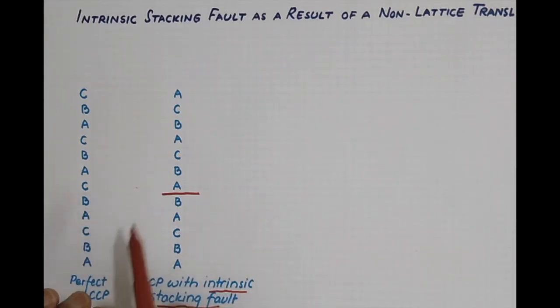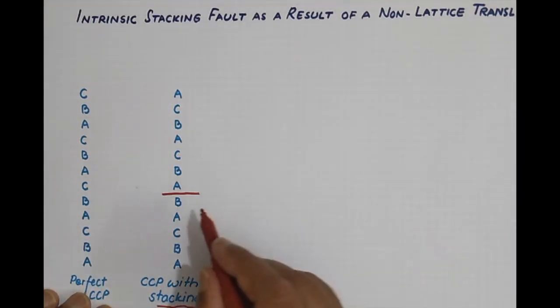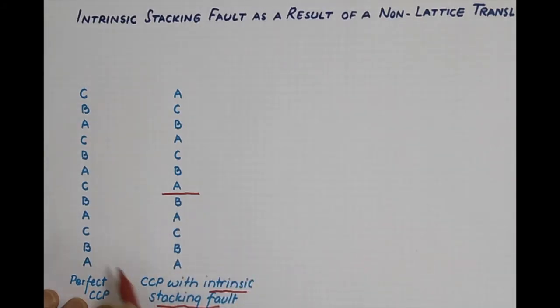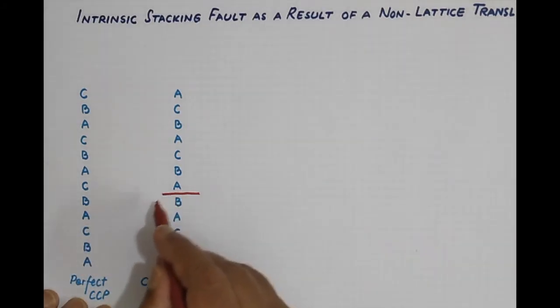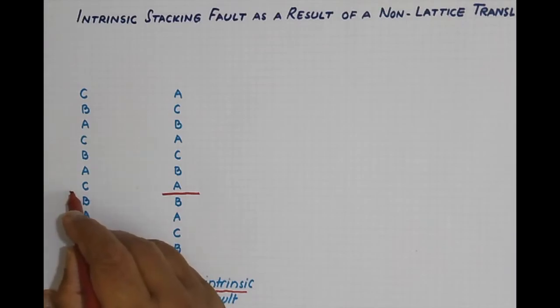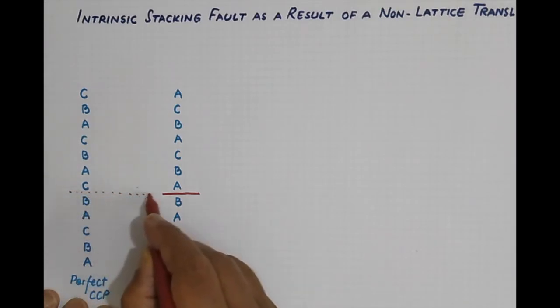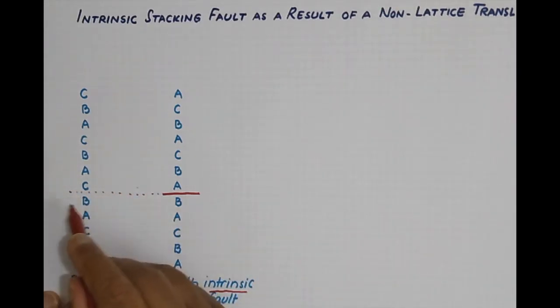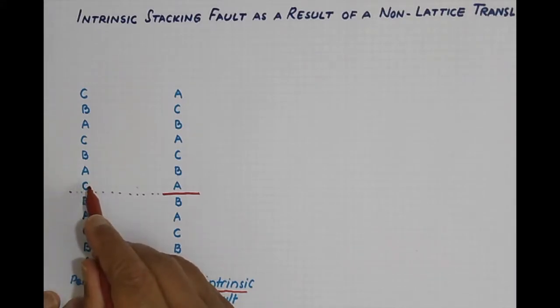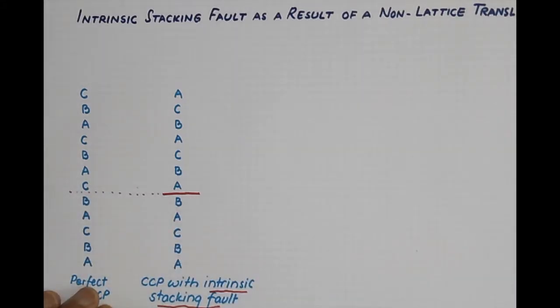Rather than thinking of it as a missing plane, we can think that the plane above this, which in a perfect crystal should have been C, has become A here.